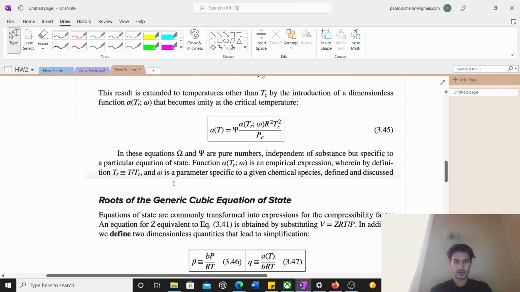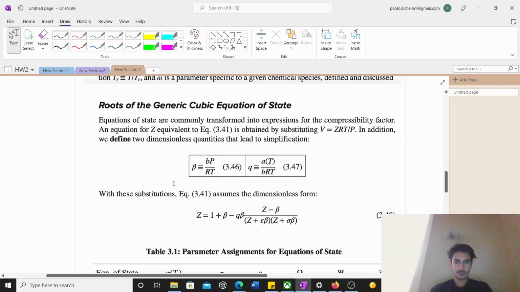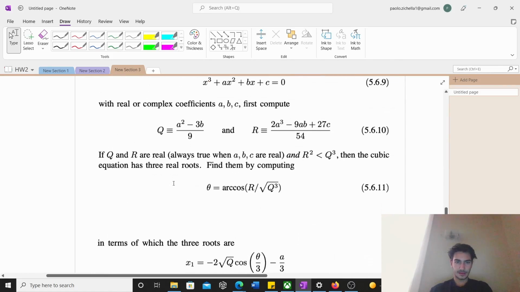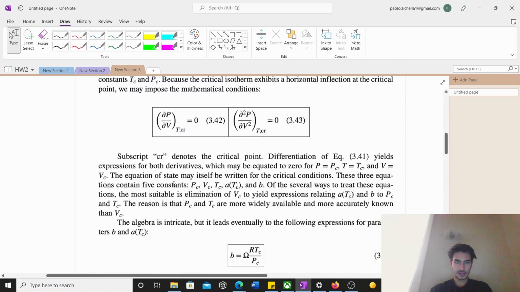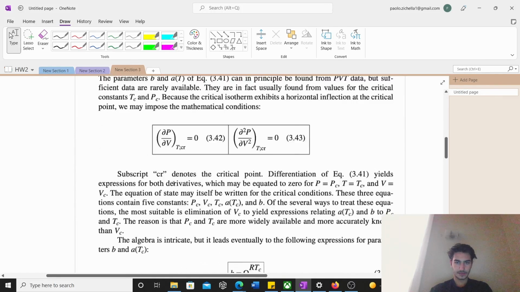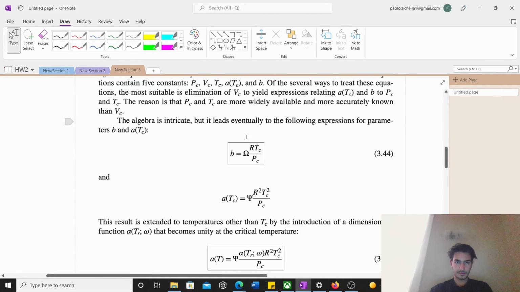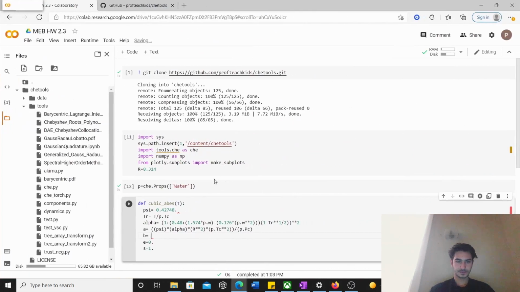So let's go back to our problems over here, and we were able to see that B is given an equation right here, 3.44. It's given as omega times R times the temperature divided by the pressure. So let's go plug that in.